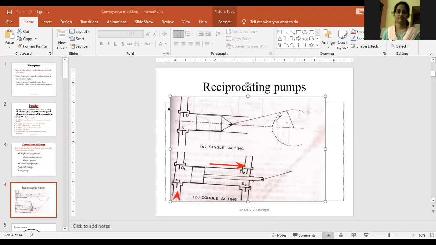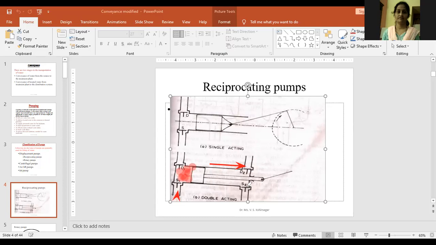Again, here is the pulley and the piston is provided. When the piston is moving in this direction, at that time what happens? It is going back and it is allowing water to enter this way.